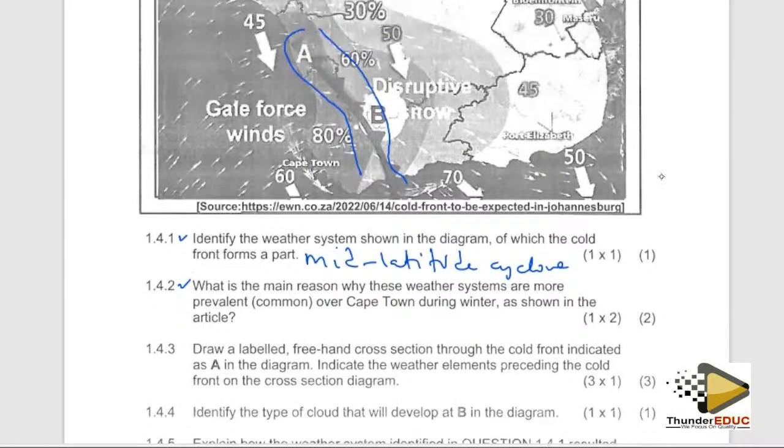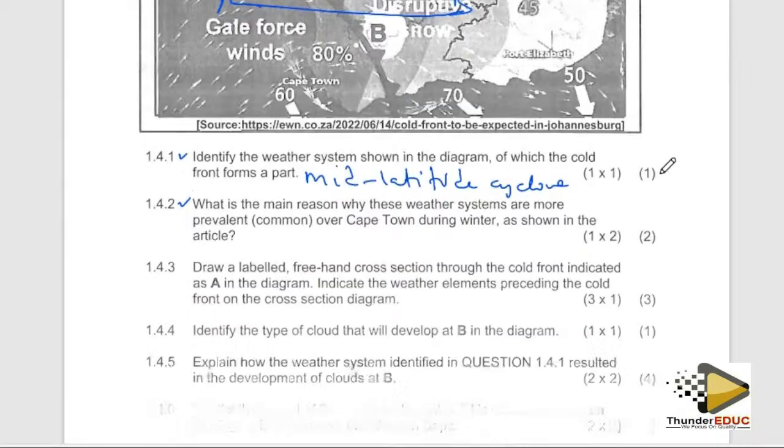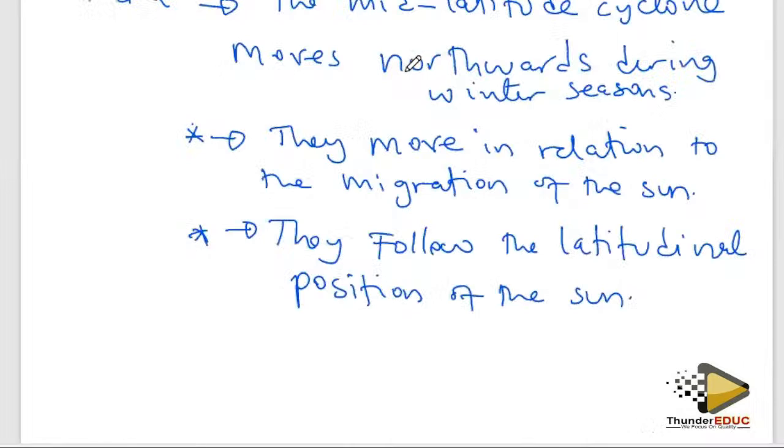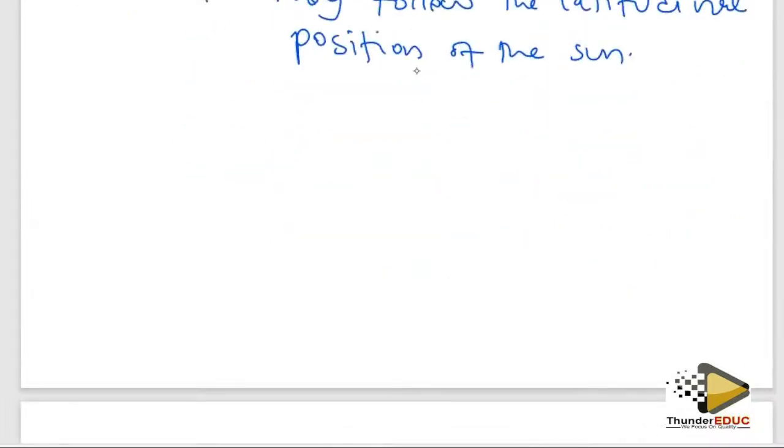So in the diagram, this is A here. It's our cold front. So let us draw a cross-section, let's say from A to B. And we indicate the weather elements preceding the cold front on the cross section. That's for 1.4.3.